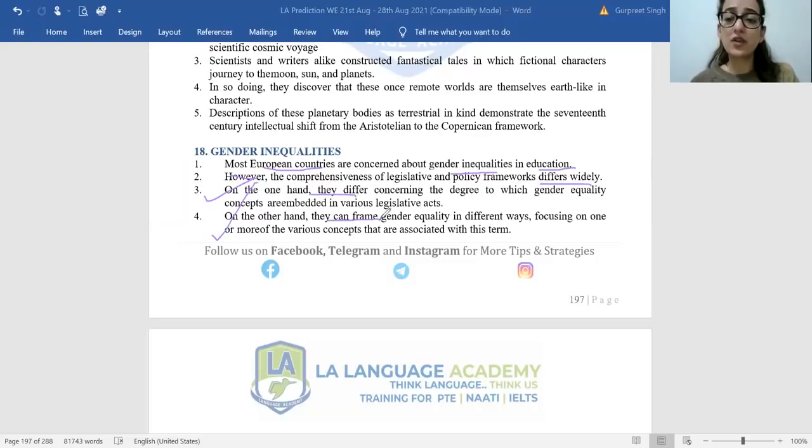You don't even need to read what they're doing, because if you know what the things being talked about are, you can put them together, because there's no other sentence given. So first is gender inequalities in education. Then what is one hand and other hand? These are two differences given for something about comprehensive, legislative, and policy. On one hand, they have this difference. On the other hand, they have this difference.